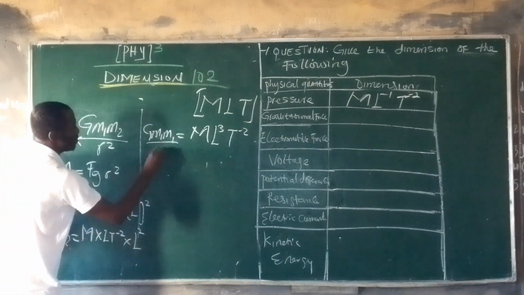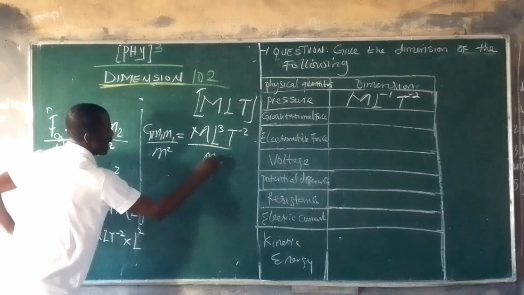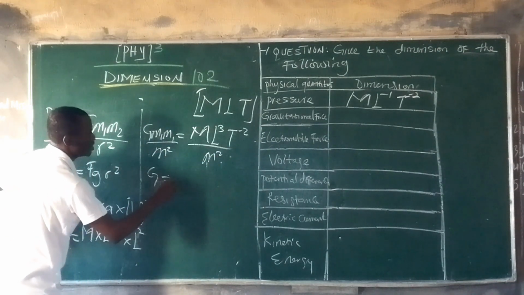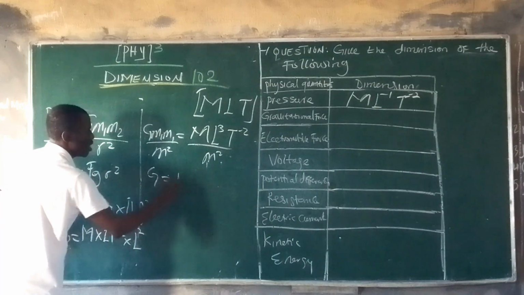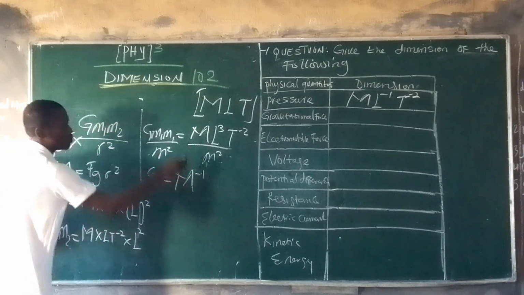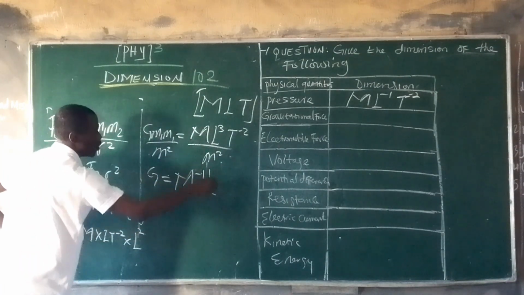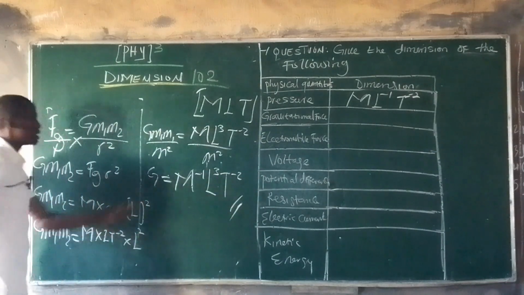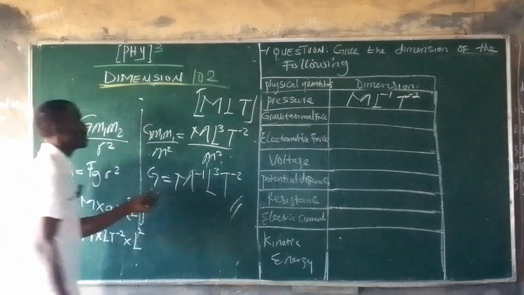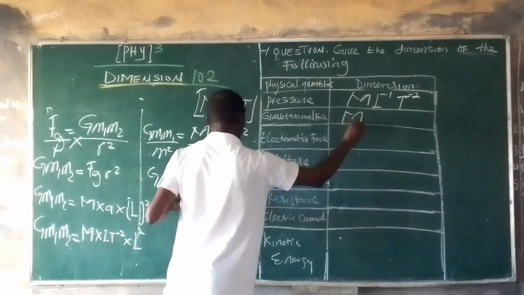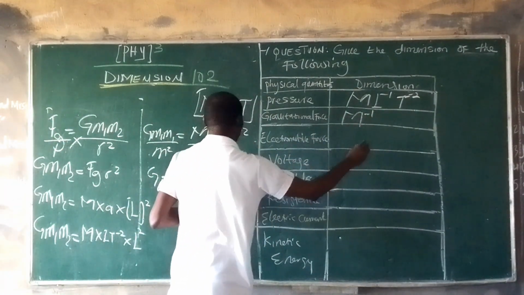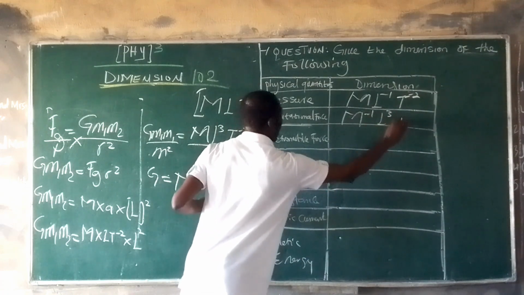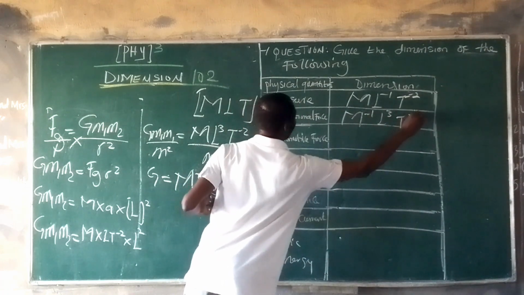Then we can now divide by M squared. Then G is equal to 1 minus 2, that is minus 1, M to the power of minus 1. Then this one will come down, then we have T minus 2. And this is the dimension for gravitational force. Let's put the expression there: M to the power of minus 1, L3, and then T minus 2.